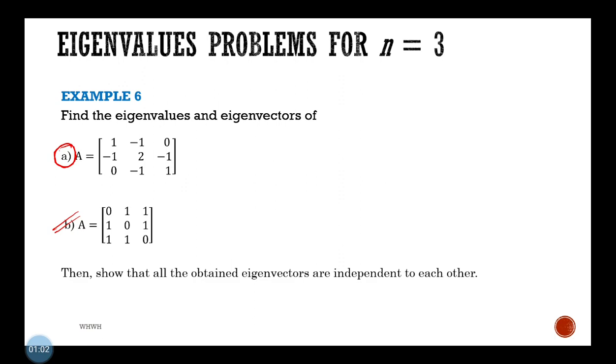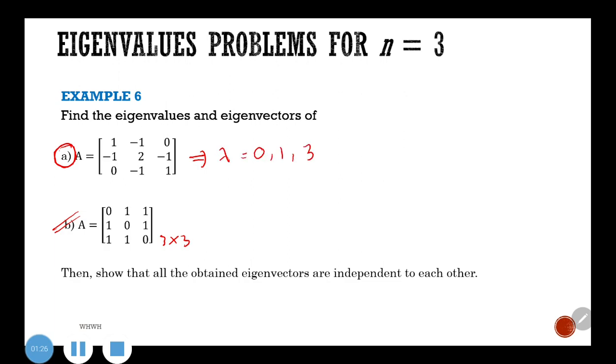To make sure that you get the correct answer, saya bagi terus lah jawapan. So just make sure that you are able to get the correct answer. If you look here, this matrix is a 3 times 3 matrix. Macam tadi, yang ni we have 3 lambda, 0, 1 and 3.